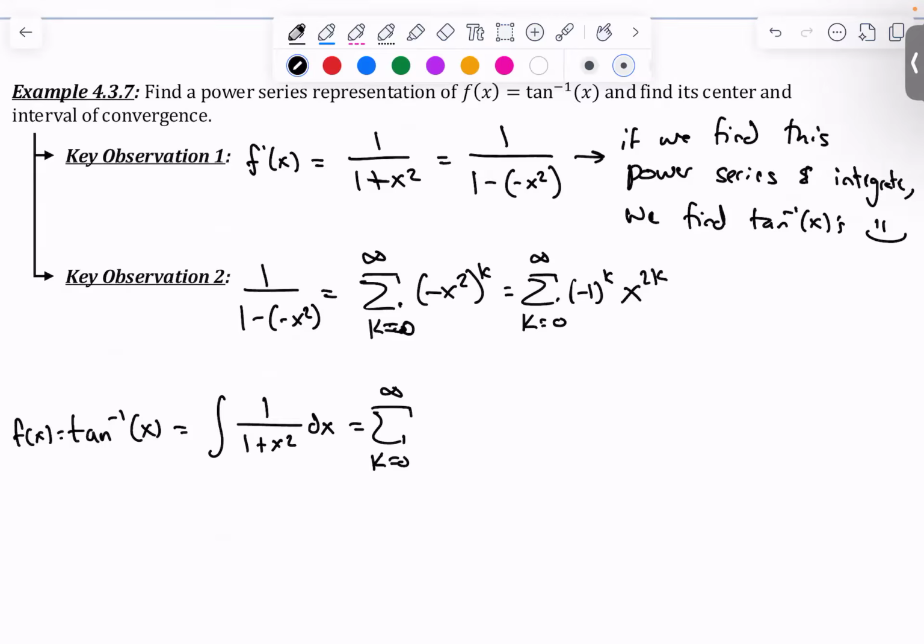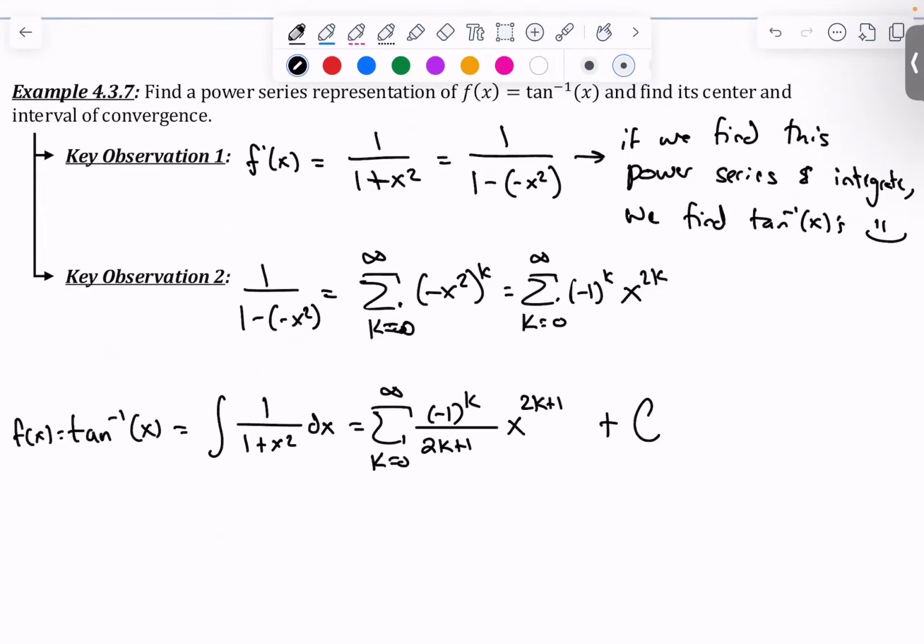It's very, very unlikely that it changes. I should have put the C in front because otherwise it looks like it's part of the series, but it's not. It's an outside constant. It's not part of the summation. So you should get -1 to the k over 2k plus 1 times x to the 2k plus 1. Are there any questions on that?